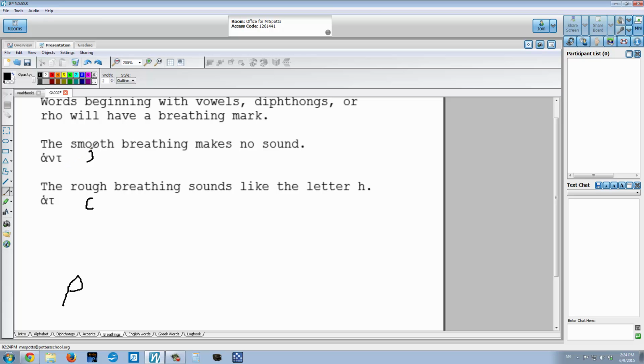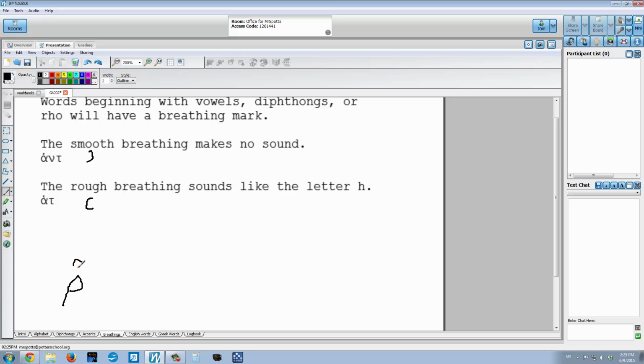Ant. A smooth breathing doesn't make any sound at all. The rough breathing, however, looks a little bit like the letter C, and it sounds like the letter H. Hat. Oh, there's the word hat.